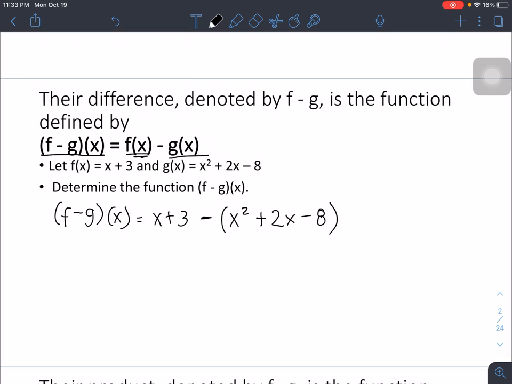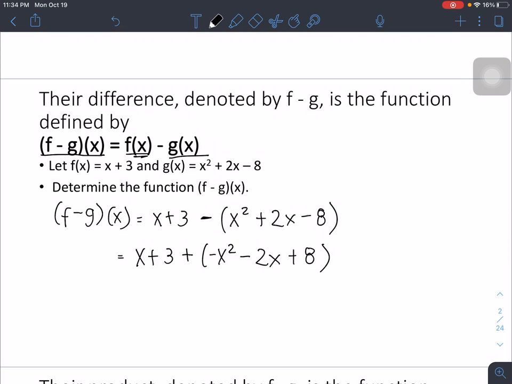Okay, performing the rule for integers, we just need to change the sign of the subtrahend, then proceed to addition. So we will be having x plus 3 plus, changing all the signs of the subtrahend, negative x squared minus 2x plus 8.